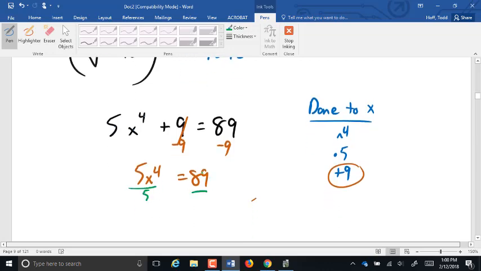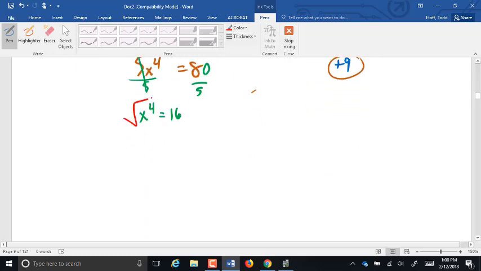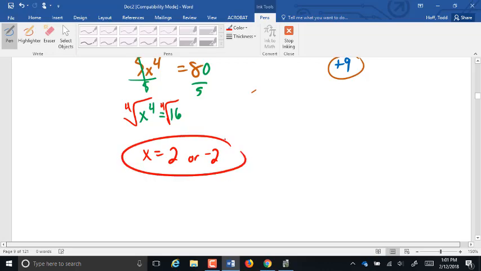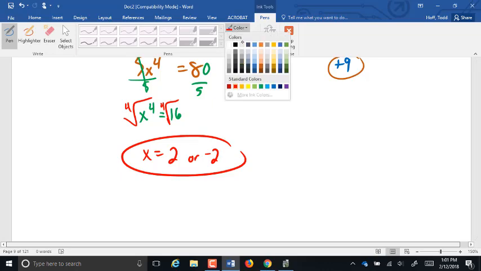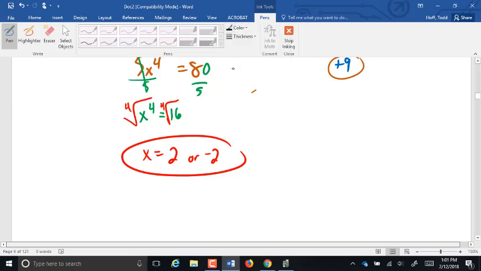Oops, that should be 80. 89 minus 9 is 80. Divide by 5, x to the 4th equals 16. And then the 4th root. You got it. So x equals 2, technically, or negative 2. Either one would make this a true statement, a true equation. If you guys just put down the positive 2, I'm okay with that for now.